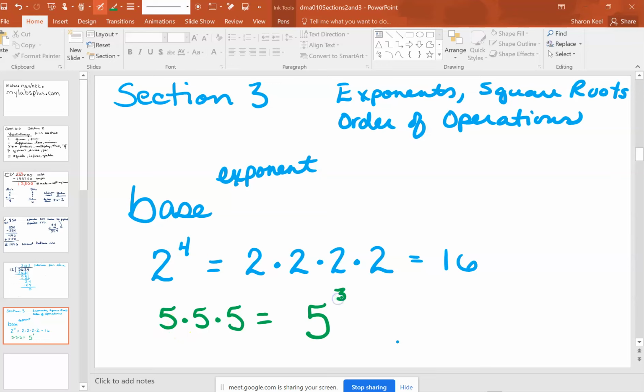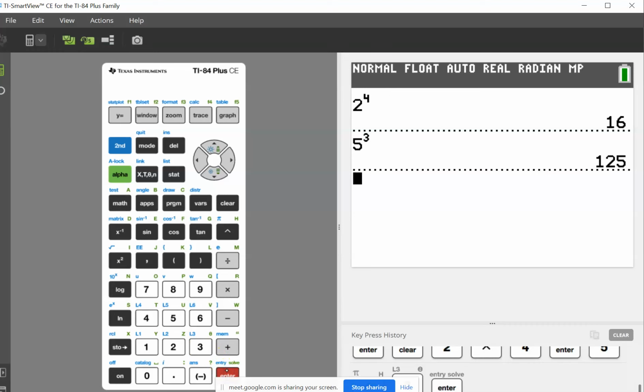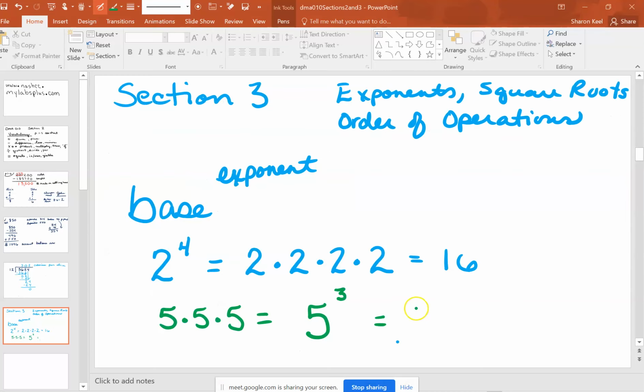So my exponent would be a 3. If I want to do that calculation, I can do 5 raised to the power of 3, and that's going to give me 125. You can feel free to use your calculator to do these, but I just want to be sure that you're aware of what it is that you're keying in.